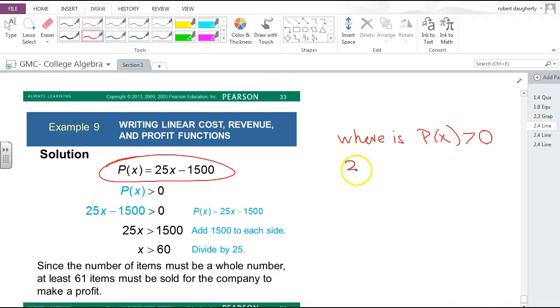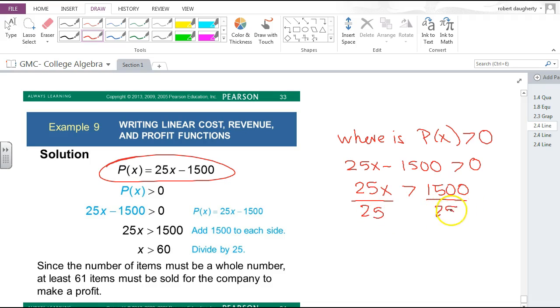So that means that 25x minus 1,500, when is that greater than 0? Well, that's when 25x is greater than 1,500. I can divide everything by 25, and I get x is greater than 60.